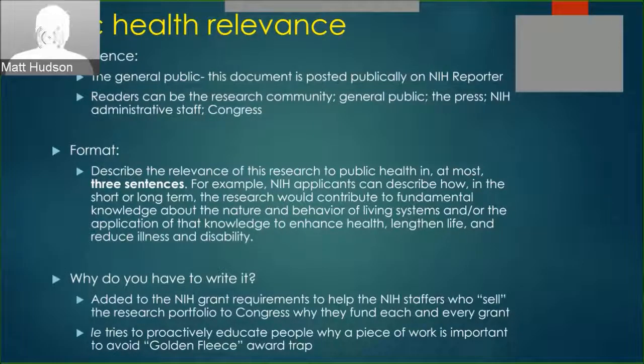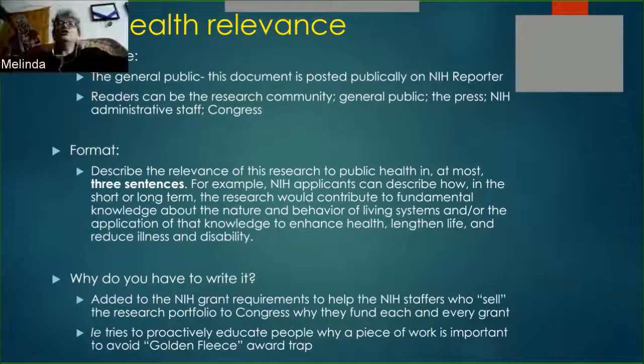This requirement was added to NIH several years ago to, again, avoid the Proxmire effect. They want people who are working on interesting models that might not be immediately obvious to have public health relevance.